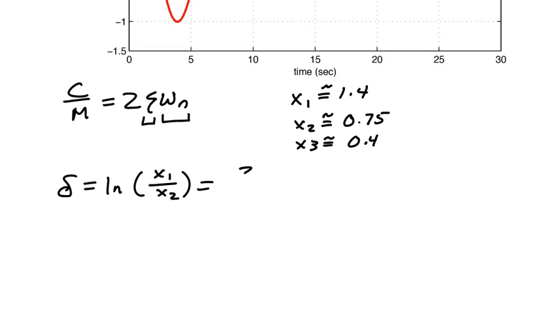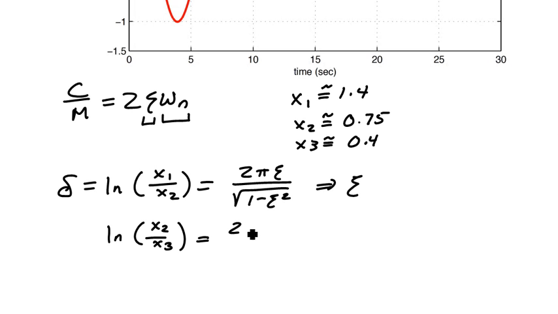And that will equal 2 pi times zeta divided by the square root of 1 minus zeta squared. Now that's something you could solve numerically if you'd like, using x1 and x2 to get zeta. Of course, you could also write that the logarithmic decrement of x2 over x3 is also equal to 2 pi zeta divided by the square root of 1 minus zeta squared. And you could get another estimate for zeta from this.